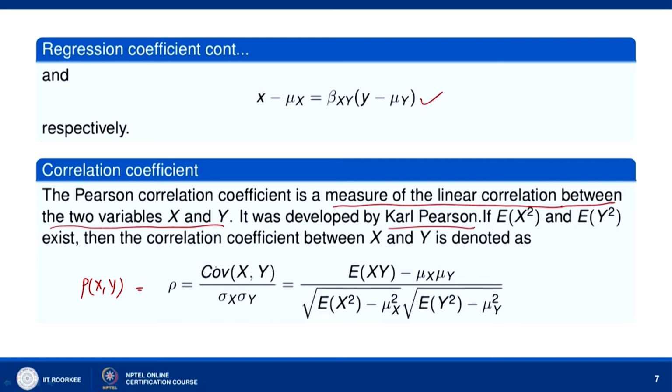Covariance of x y by definition is E of x y minus mu x mu y, and sigma x is the square root of variance of x, that is Ex square minus mu x square, and sigma y is the square root of Ey square minus mu y square.